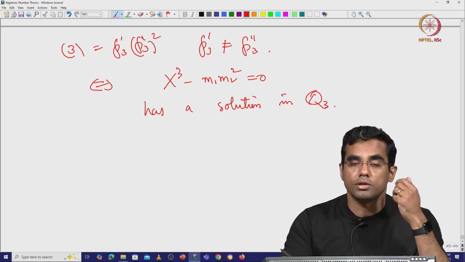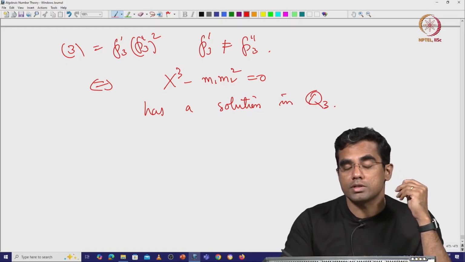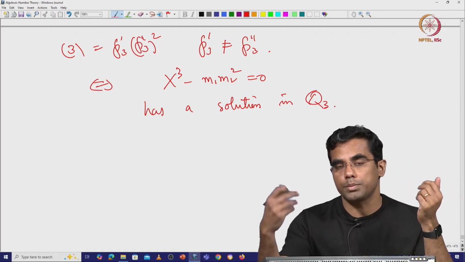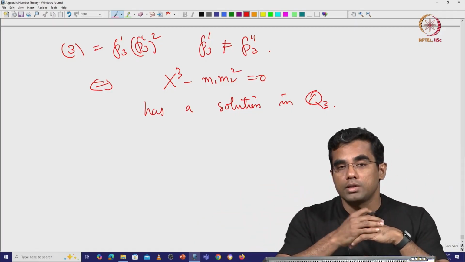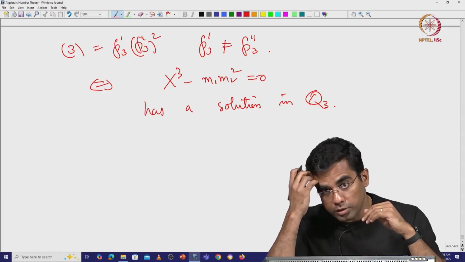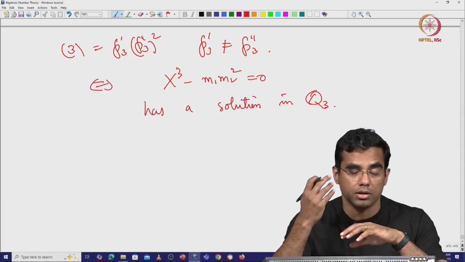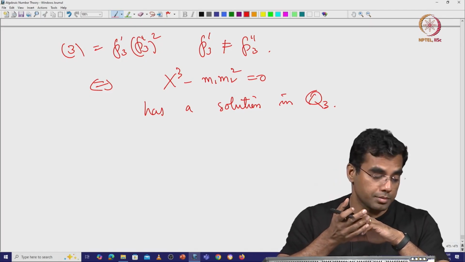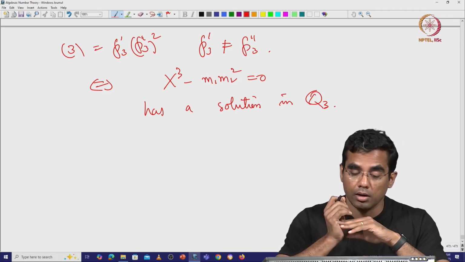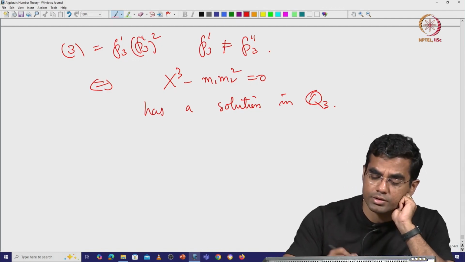If it has a solution, it decomposes as a product of a linear factor times some degree 2 polynomial, and we know that 3 is ramified. So, that degree 2 polynomial will further split as the square of something.